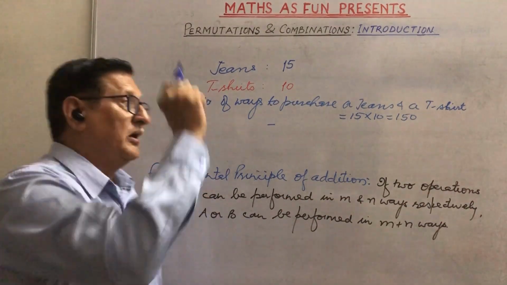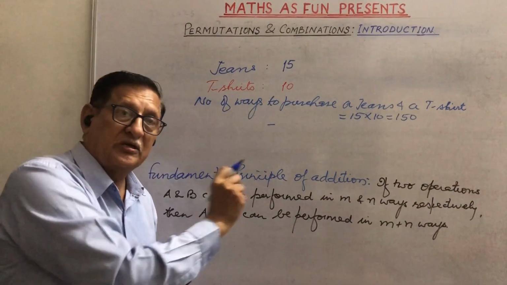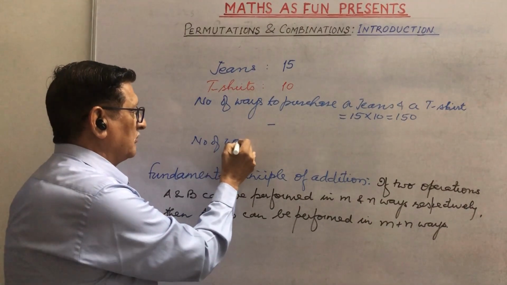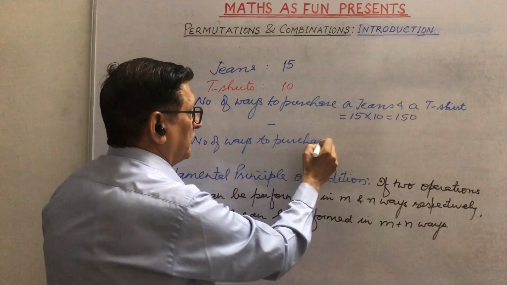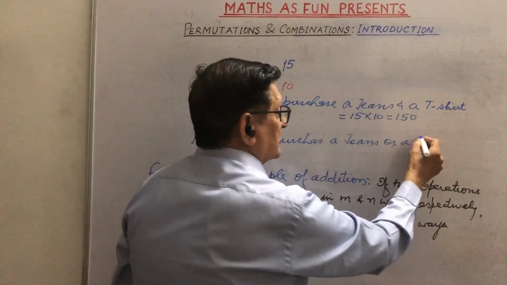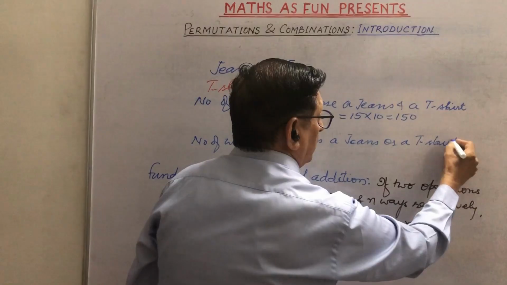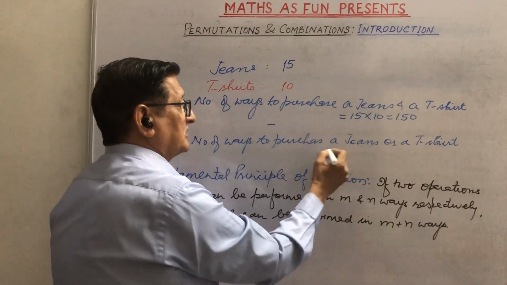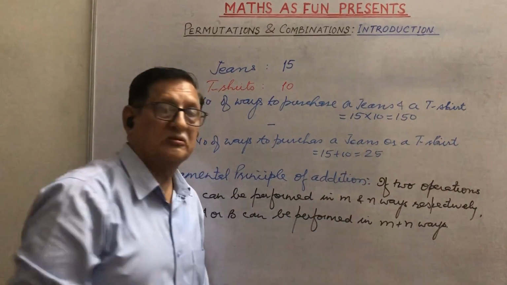And that's why in case he wants to purchase either a jeans or a t-shirt, the number of ways to purchase a jeans or a t-shirt, you can see that he has only 15 plus 10, 25 choices.